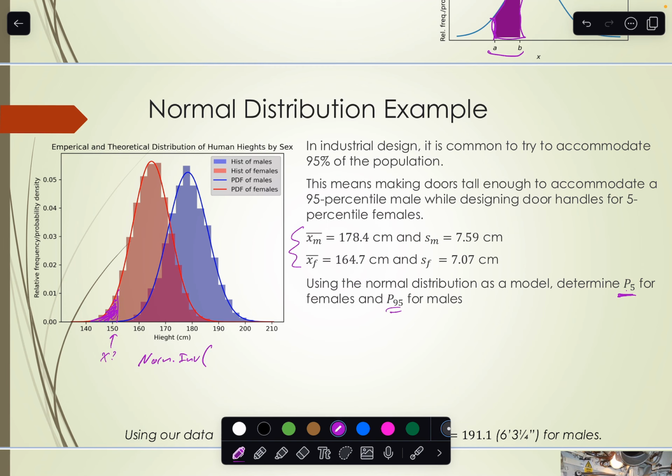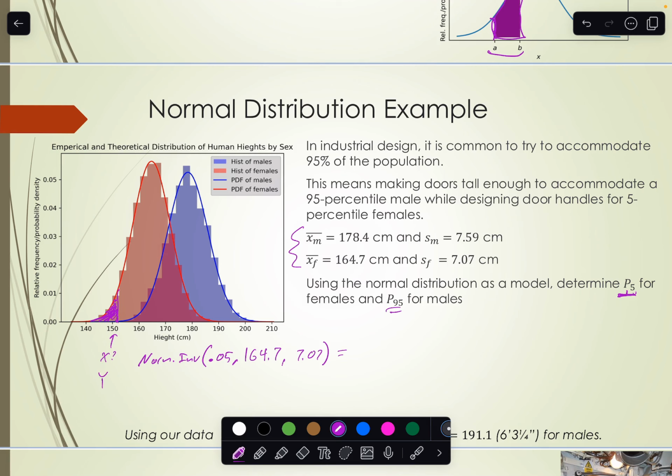Now it's looking for a probability, and that probability here is 5%. So we want from negative infinity to some x to be 5%. So that's 0.05. That's my p. Comma, because this is for the females, we're going to have 164.7 as the mean, 7.07 as the standard deviation. There is no cumulative argument in NORM.INV. So that's just going to give me my answer.